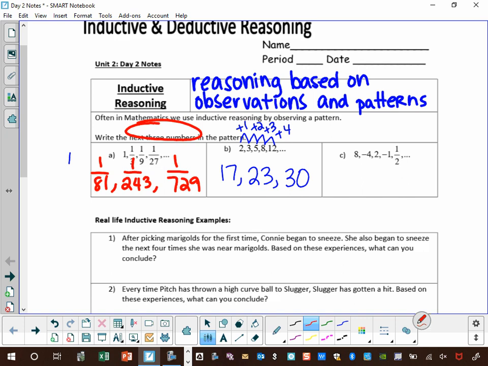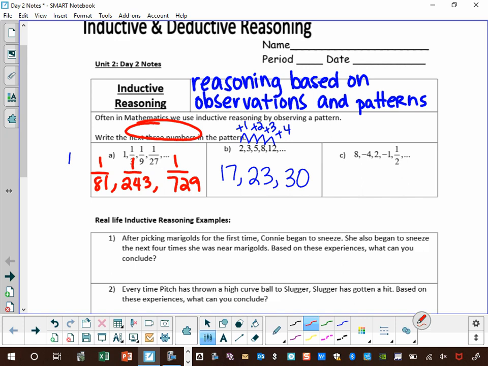Alright, letter C, we went from 8 to -4 to 2 to -1. What are we doing? You guys see the pattern? Let's leave the fraction out of it right now. We're subtracting?